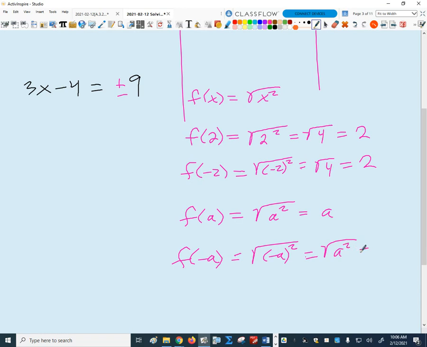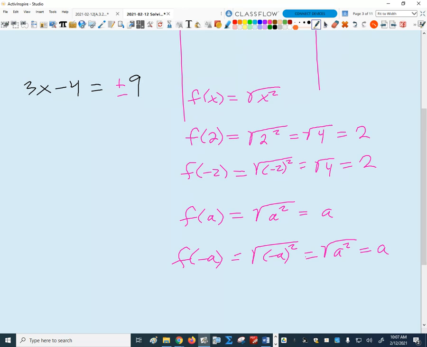That's the square root of a squared, which is a. Now, what function do we know that behaves like that? If I plug in a positive, it leaves it alone, but if I plug in a negative, it makes it its opposite positive. What function do we know that behaves exactly like that?